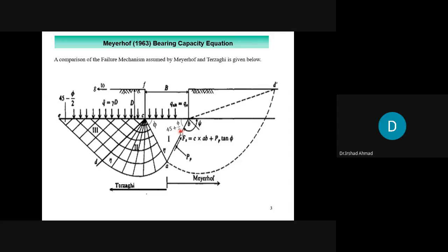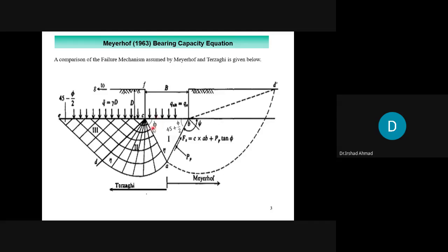Whereas in Meyerhof, there is an elastic wedge and then a log spiral that moves up to the ground surface. This dotted line shows that failure mechanism and the wedge. Another difference is in taking the wedge angle.